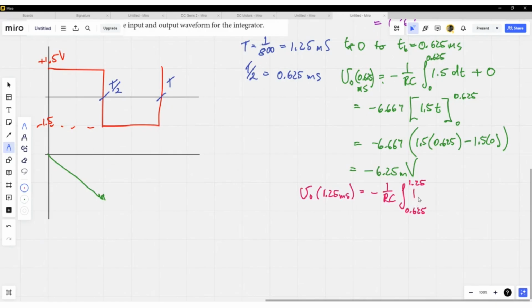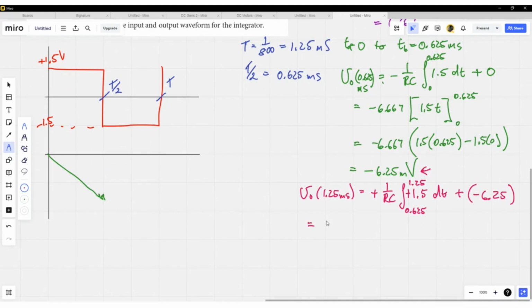And this is now a negative 1.5 volts. So the negatives are going to cancel out, because you can take the negative out of the integral, and that will just become positive. Then we need to add our initial voltage, which is minus 6.25.